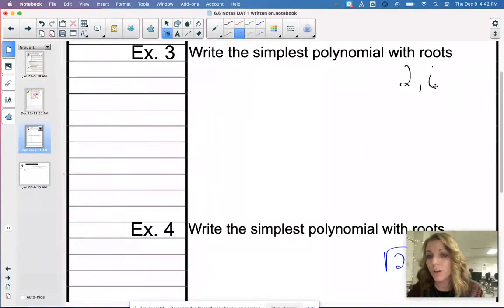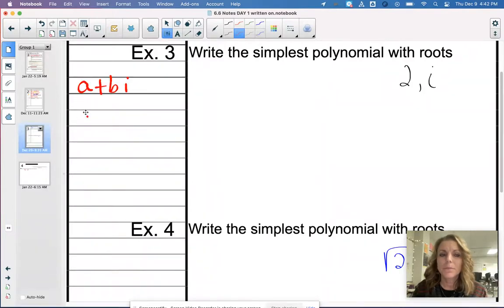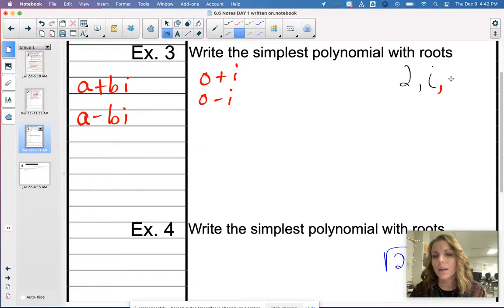We have an imaginary root of i. Remember, complex numbers are in the form a plus bi, a minus bi. They're conjugates of each other, complex conjugates. So the i by itself really represents that. So that means we're going to have another root like that. So that's going to be our other root, negative i.